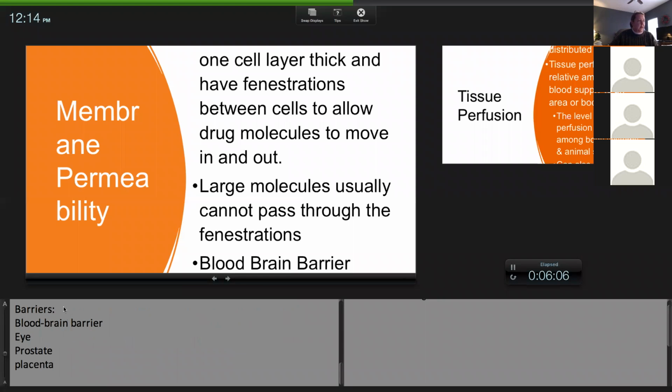So areas that have barriers are the blood-brain barrier, the eye, prostate, and placenta. Sometimes when animals have disorders in these areas, it's hard to give treatments because you have to pick certain drugs that can permeate these areas, since there is that extra barrier.